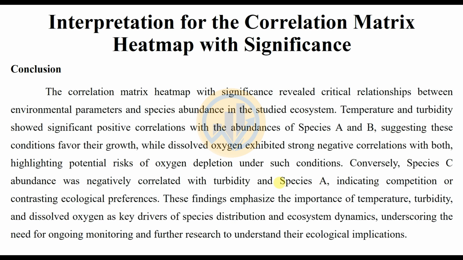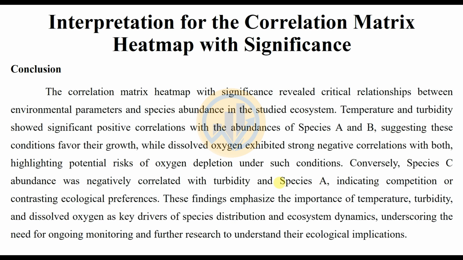Temperature and turbidity showed significant correlations with the abundances of species A and B, suggesting those conditions favor their growth, while dissolved oxygen exhibited strong negative correlations with both, highlighting the potential risk of oxygen depletion under such conditions. Conversely, species C abundance was negatively correlated with turbidity and species A, indicating competition or contrasting ecological preference.